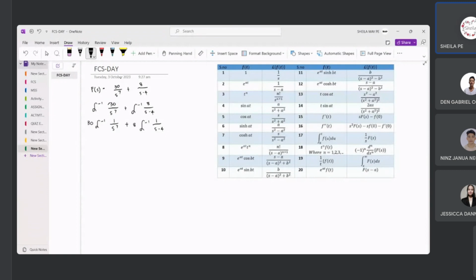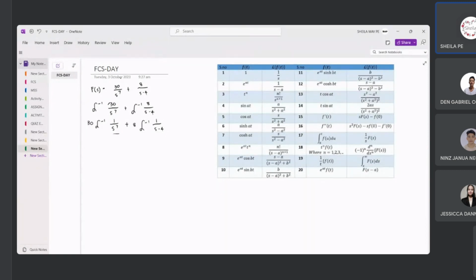Looking at this, class, we can have this form: n factorial over s raised to the power of n plus 1. Now this is s raised to the power of 7, so that should be n factorial over s raised to 6 plus 1, given that 6 is our n.